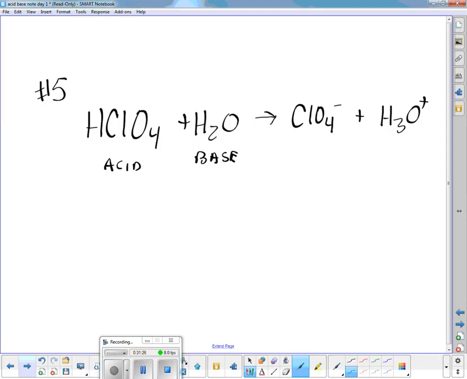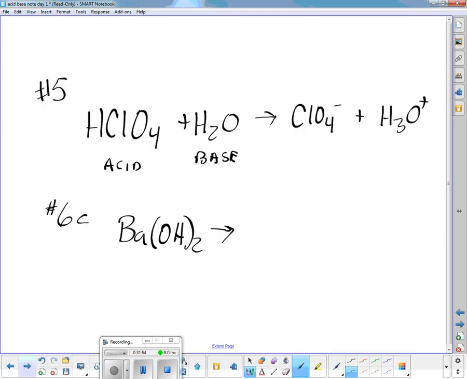Now, skip down to number 6. Okay. On number 6, I'm going to do C. So on 6C, it says Ba(OH)2, right? And it is a strong base, right? It's one of our strong bases. Now, on this one, we don't add the water because most of the bases come as solids. And so we add them to water. What happens to them?